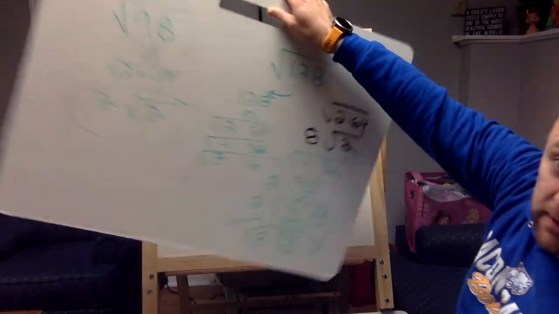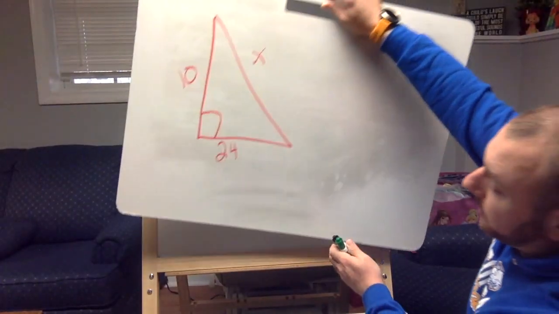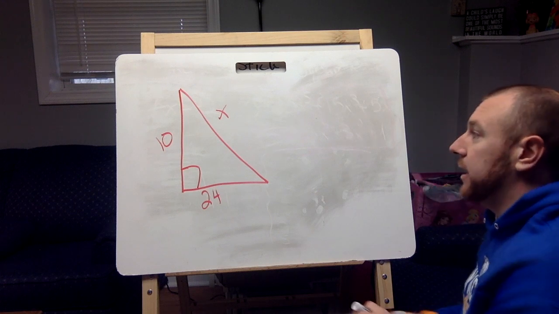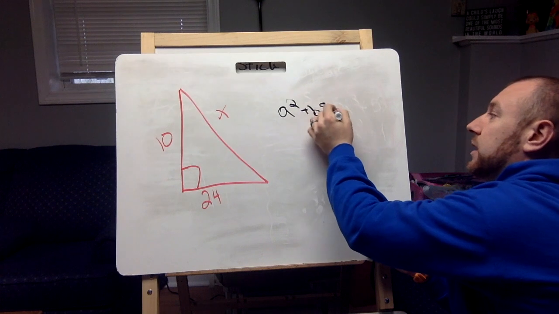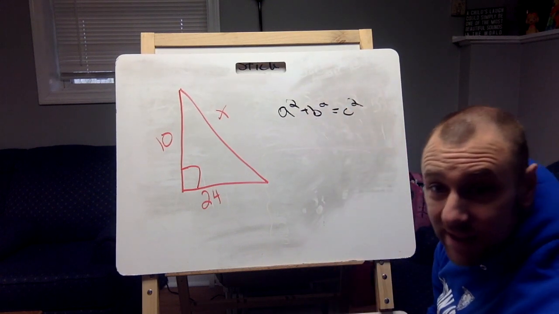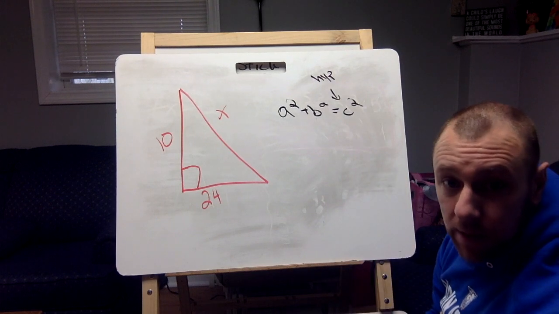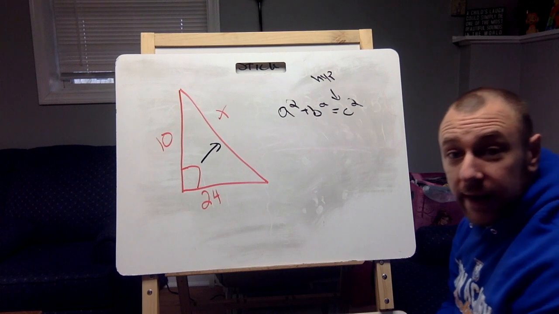The second part of this lesson is about the Pythagorean theorem. Pythagorean theorem, you'll remember, is a squared plus b squared equals c squared. C is always the hypotenuse, remember? The hypotenuse is always across from that right angle.